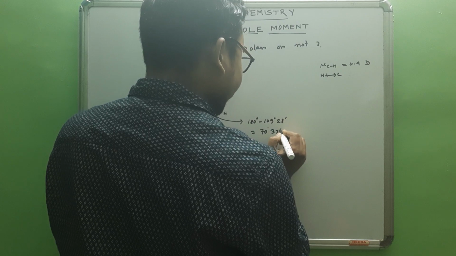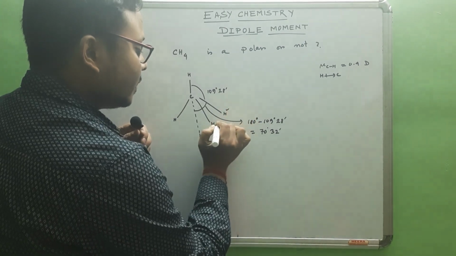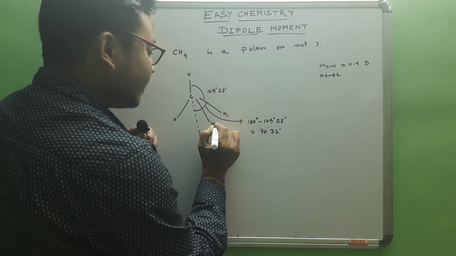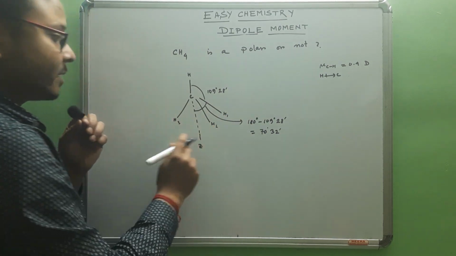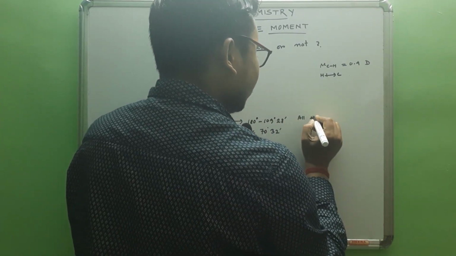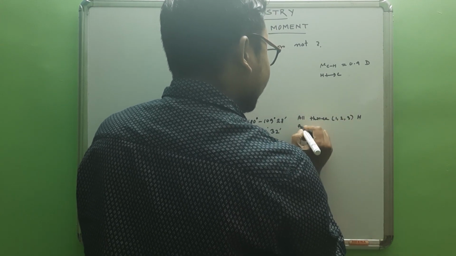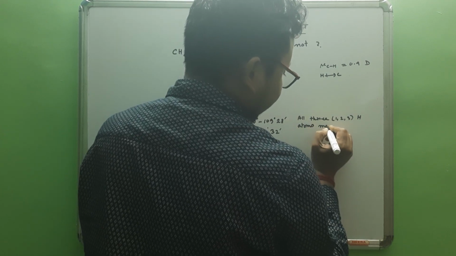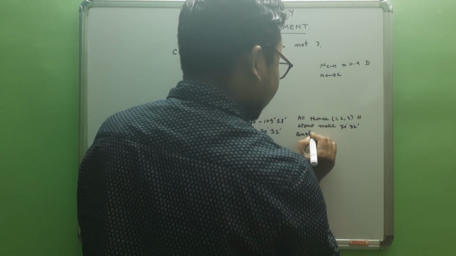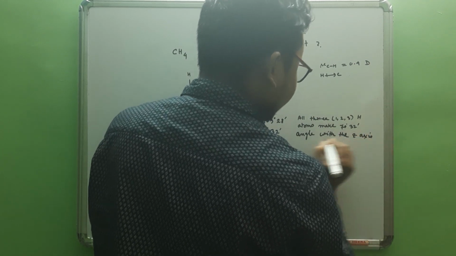All three hydrogen atoms, one, two, three, make a 70 degrees 32 minutes angle with the z-axis.